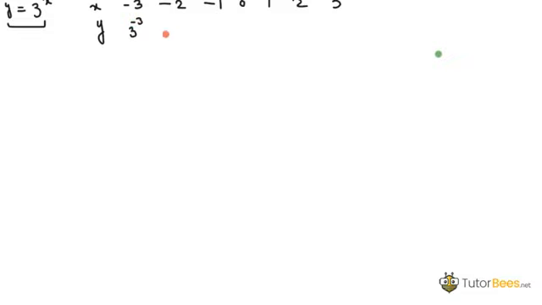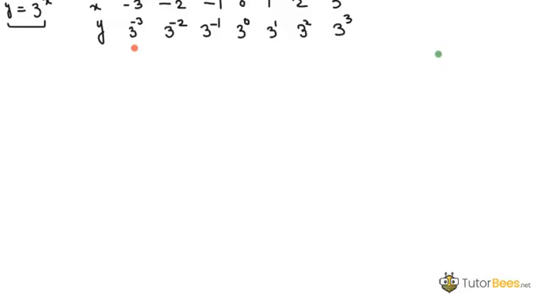It will become 3 raised to the power -2. It will become 3 raised to the power -1. It will become 3 raised to the power 0, right? This will become 3 raised to the power 1. This will be 3 raised to the power 2. And this will be 3 raised to the power 3. That means you have just substituted the values of x in this function.